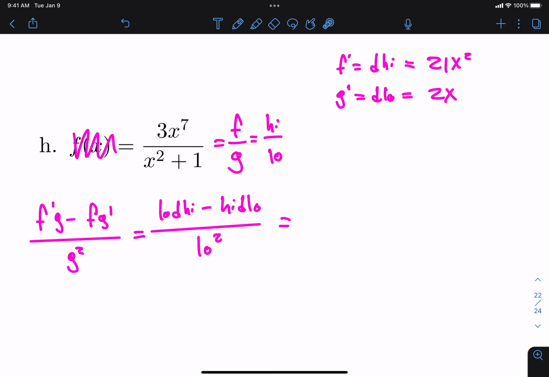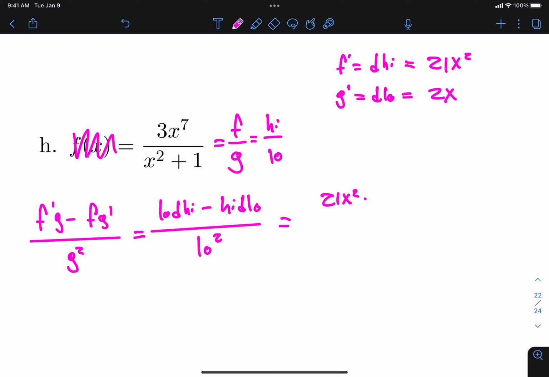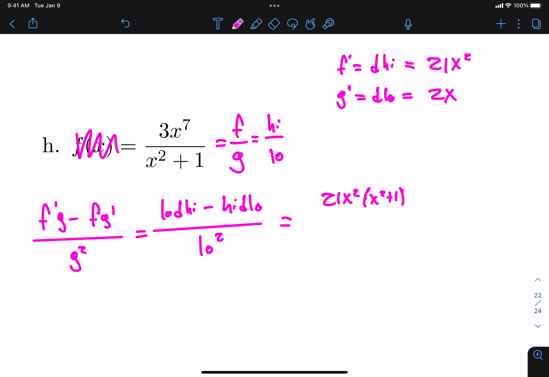But in either case, we're going to replace f prime, or d high, by 21x squared. So it's going to be 21x squared times g, which is just our original denominator. It should be x to the 6th, right? 21x to the 6th.